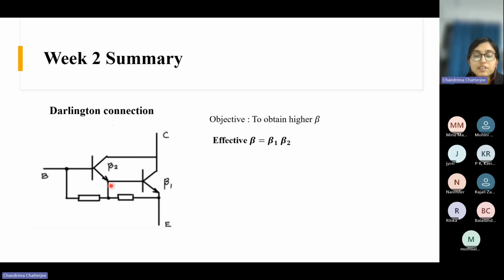We will have this kind of a connection where there is this device, the first device, and the emitter of this first device is connected to the base of a second device.